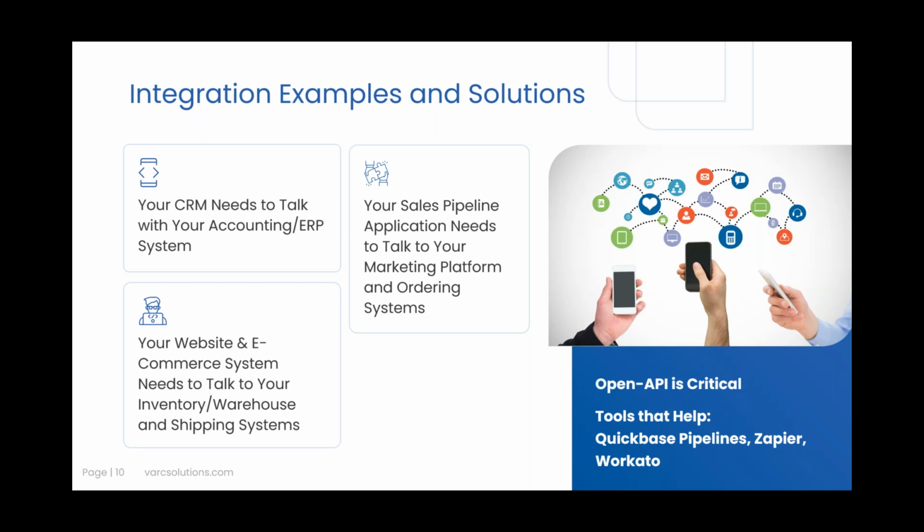For example, most applications that are in common use today, and when I say common use, I'm saying there's 10,000 people, 100,000 people, 1 million people using it. When you start getting into higher volumes of use, the people building those solutions are going to create what are called open API connections.